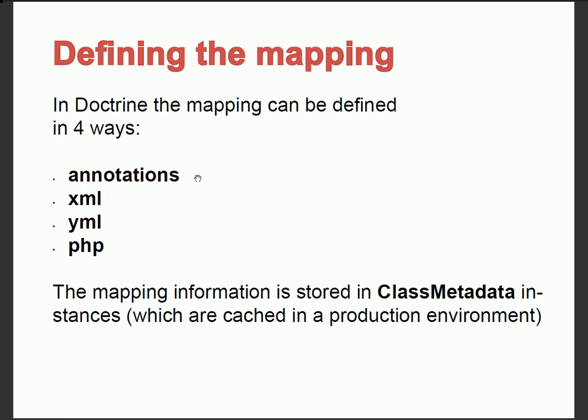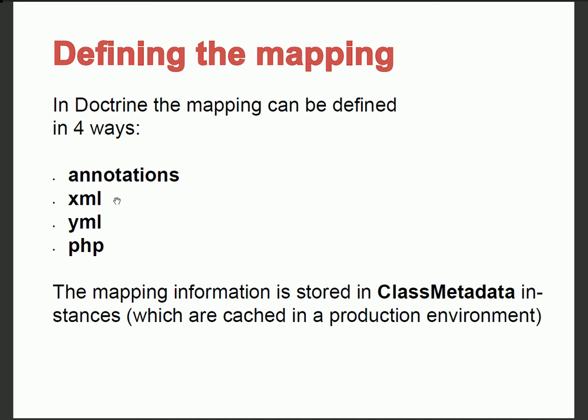But that is just one way. It is a nice way, because you can easily see how the mapping is done for the whole entity. You have a bit of overview, but it is a bit messy to put mapping and definition of your objects in one file. That's true. But it's not the only possibility.